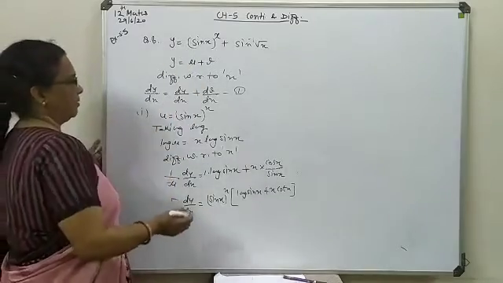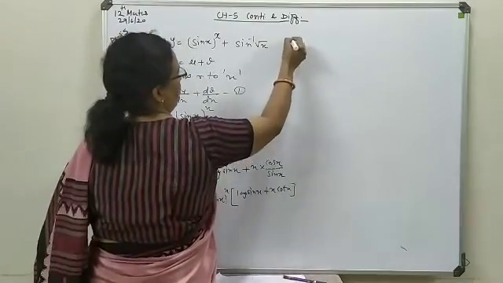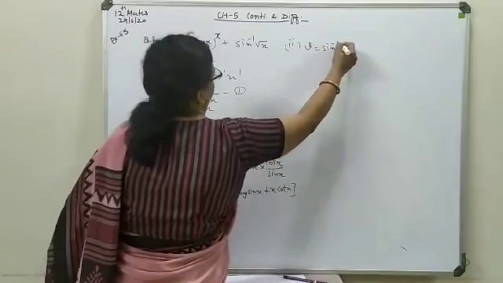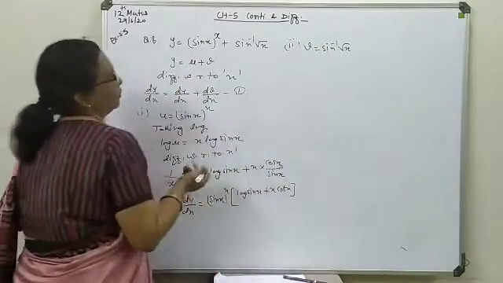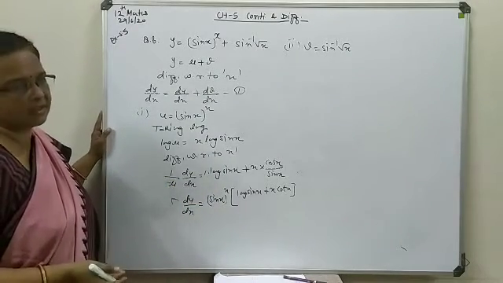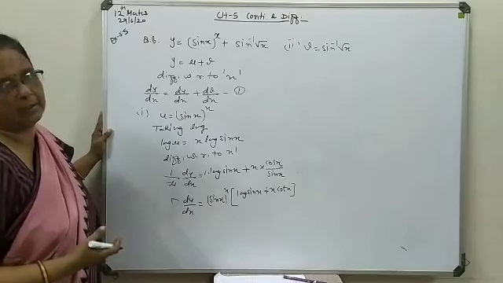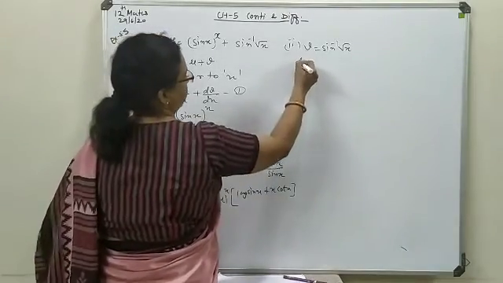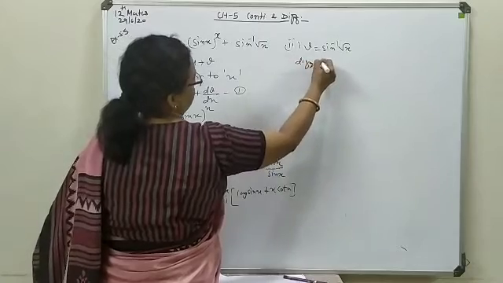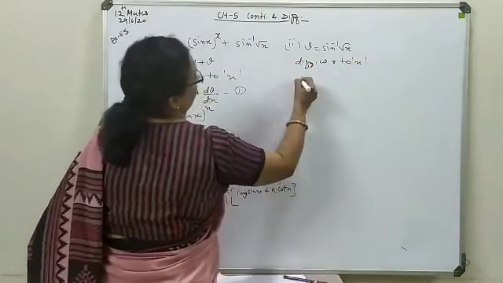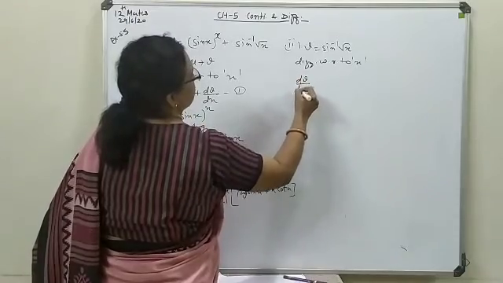Now move to the second one, that is your v, sin inverse under root of x. Here none of the power is available with the variable form and the term is available with the inverse form. So directly it can proceed for differentiation. So here directly derive dv by dx.